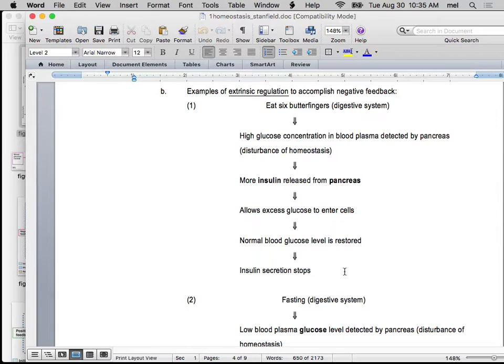And so it does what it can do, and it releases insulin into the bloodstream. And insulin does what to blood glucose? It drops blood glucose. The primary mechanism by which it drops blood glucose is that it allows your cells to take the glucose in instead of leaving it in the extracellular fluid. Okay, so your blood glucose was high, your pancreas says, I can help you. Releases insulin, you drop your blood glucose.